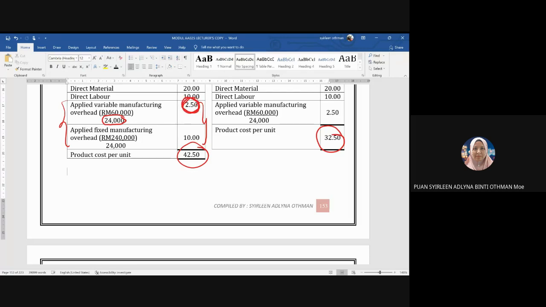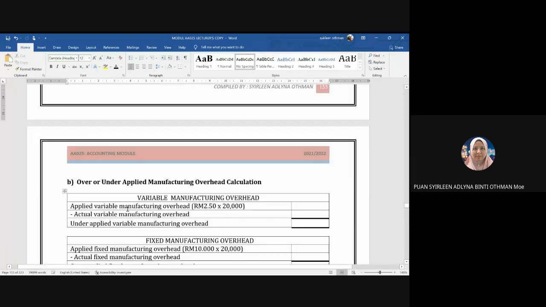Okay, so your applied manufacturing overhead is RM2.50 darab 20. 20 ni apa? 20 ni ialah actual unit produce. Faham kan? Sama macam apa awak belajar dekat topic 5. Dia punya actual figures tu merujuk kepada basis sebenar.